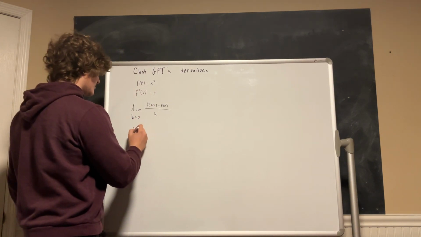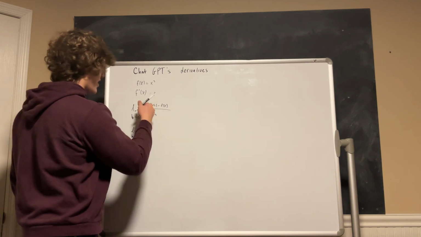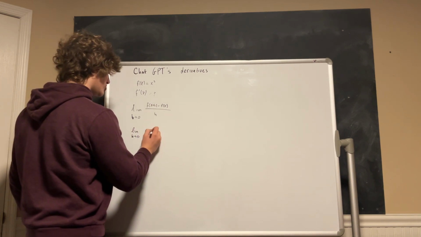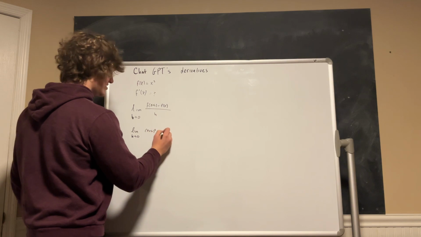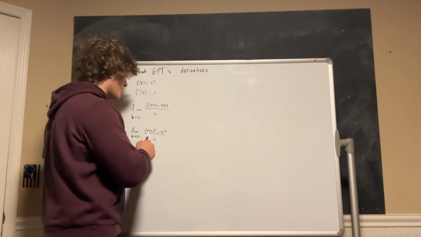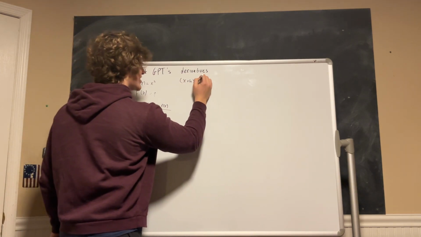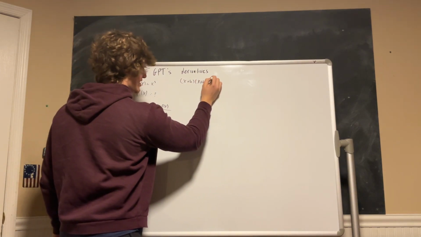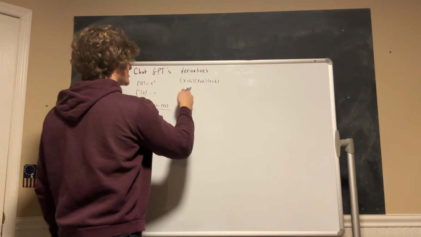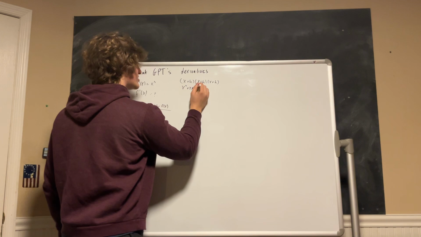So this becomes the limit as h approaches 0 of x plus h cubed minus x cubed divided by h. So when we multiply this all out, we have x plus h times x plus h times x plus h. X plus h times x plus h gives us x squared plus 2xh plus h squared.